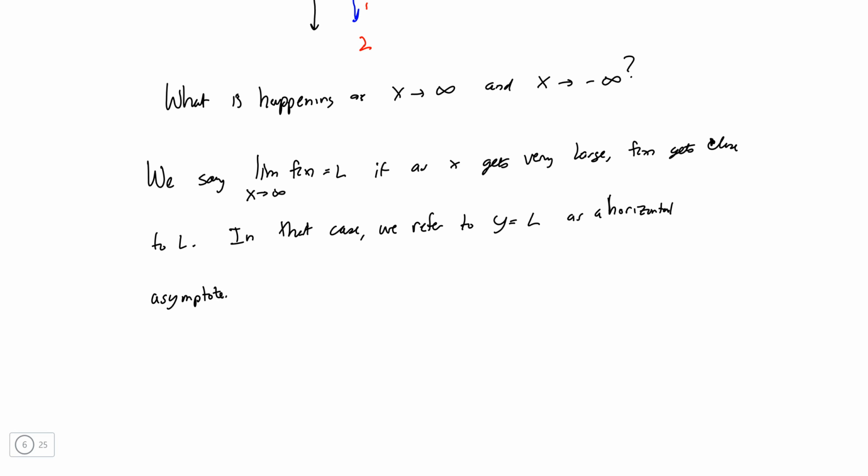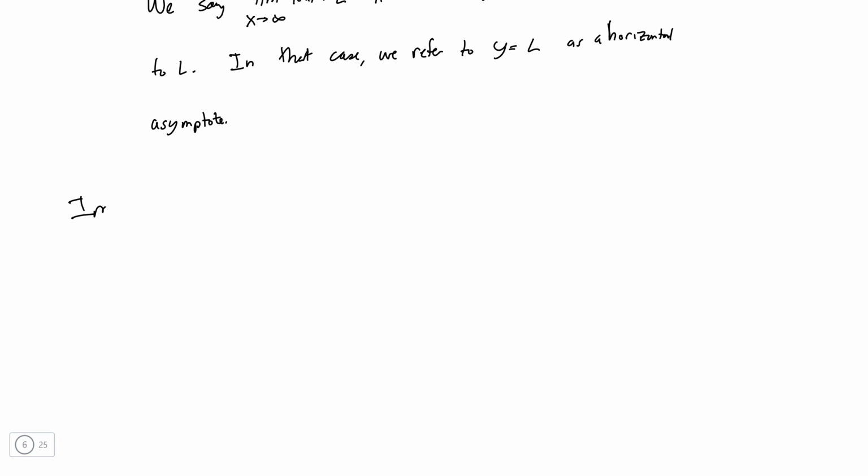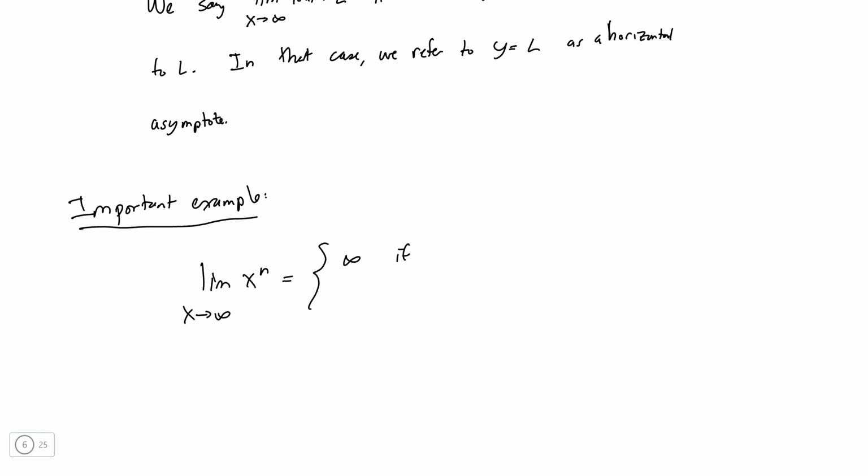Okay, so one really important example that's going to come up a lot, that you'll want to remember, is that the limit, say as x goes to infinity, of x to the n, this is going to be infinity if n is bigger than 0, and it's going to be 0 if n is less than 0.